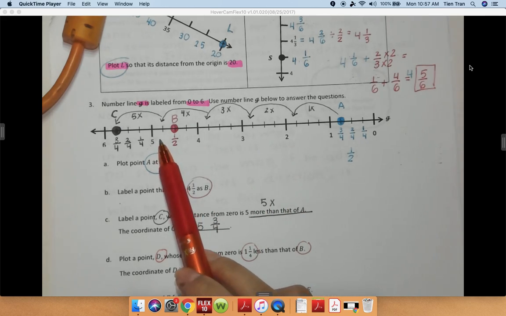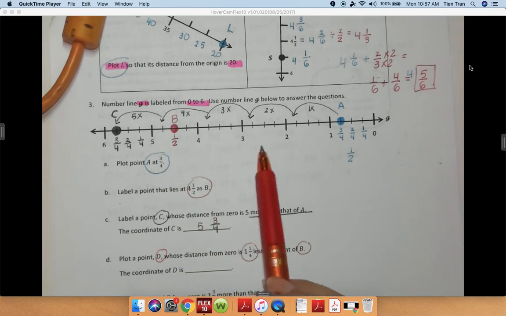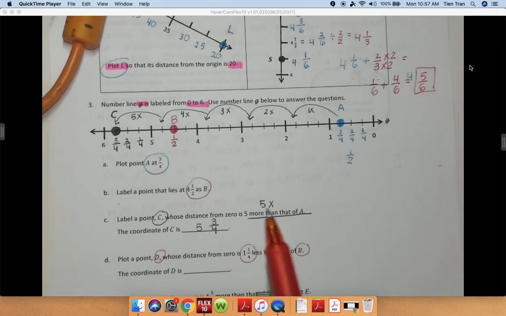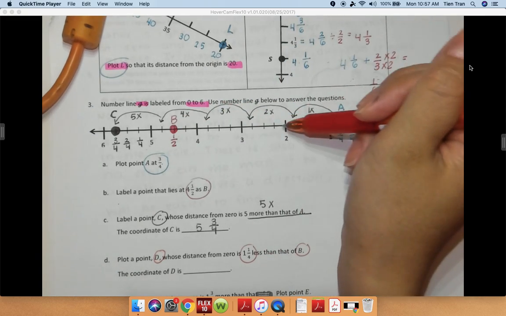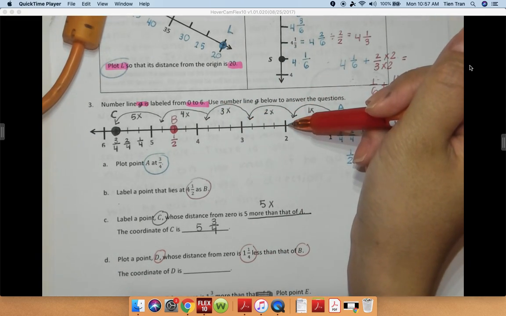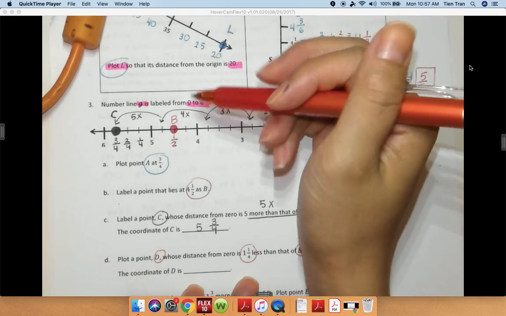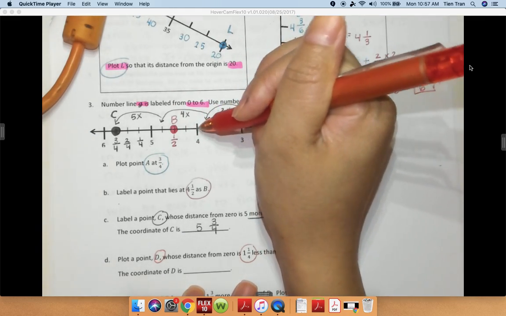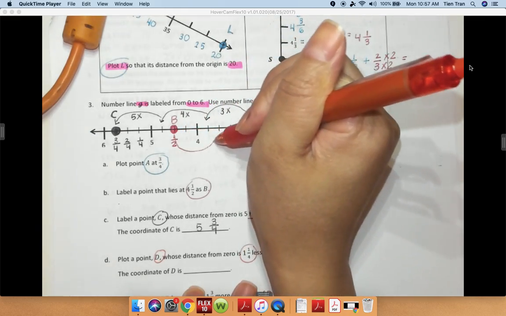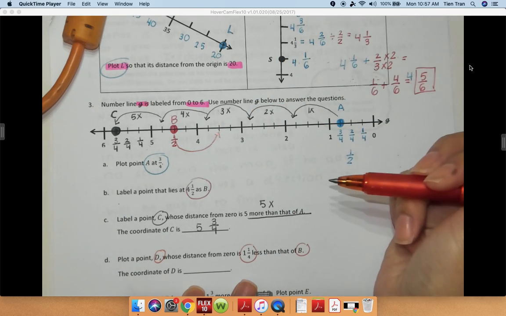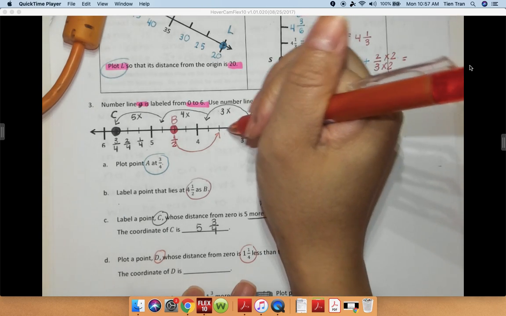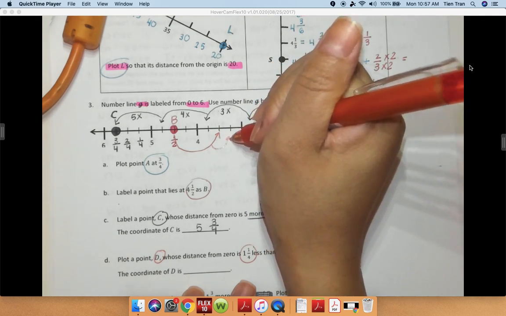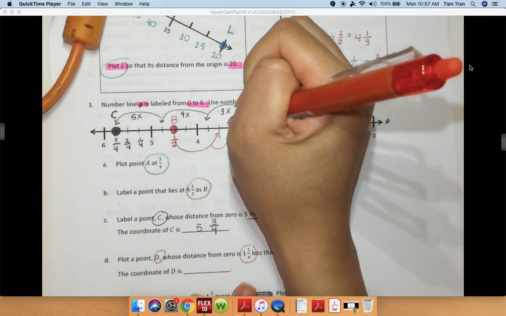That means I'm going to move 1 and 1/4 less to find out what my coordinate is for D. So looking here, I know this is divided into 4, right? So to go 1 less, you're going to count 4 of those. 1, 2, 3, 4. Okay, so I counted 4. And then I'm going to go 1/4 of that. So this is 1/4, so I just move 1 over. So that is my coordinate for D.